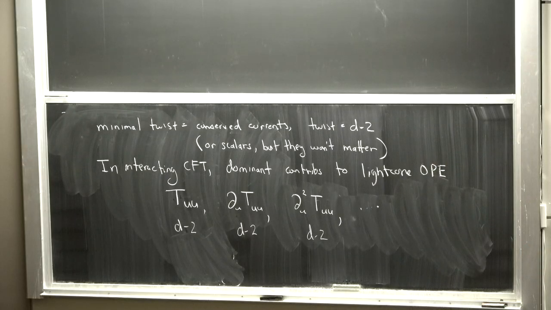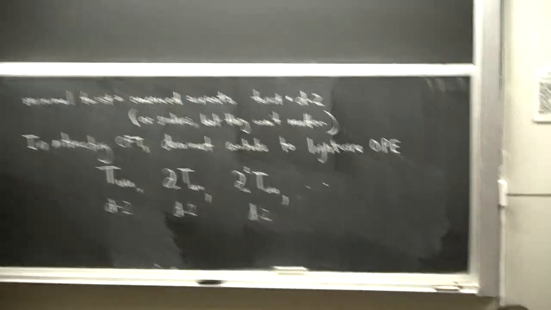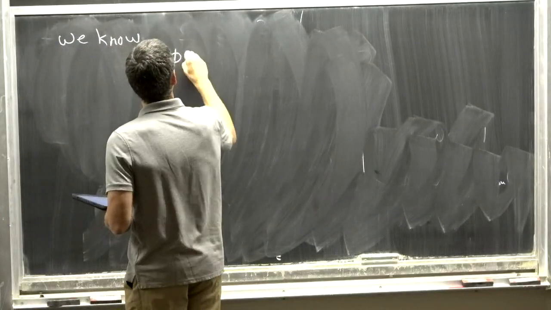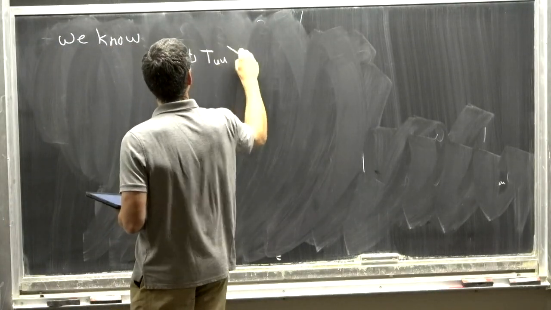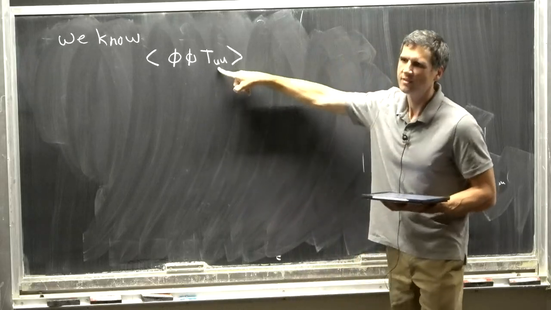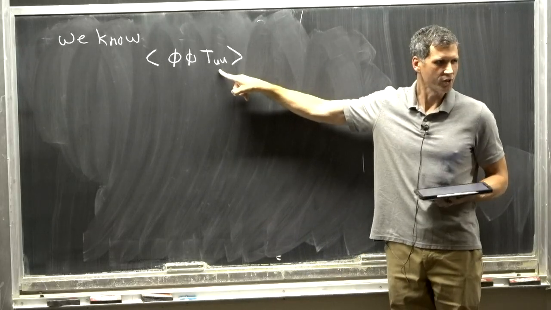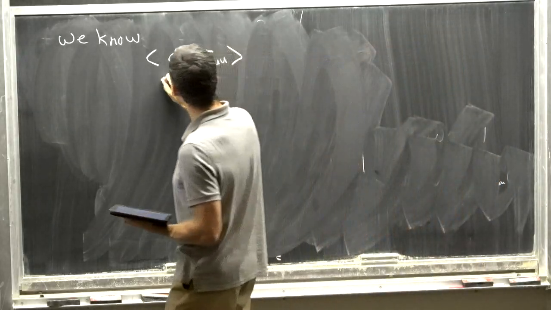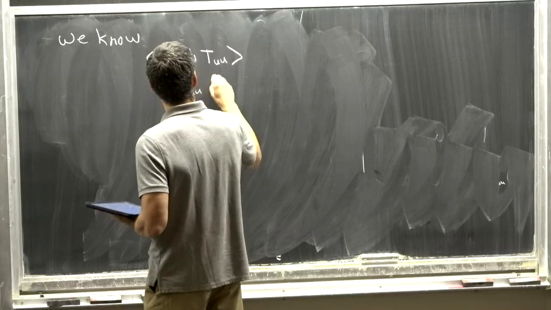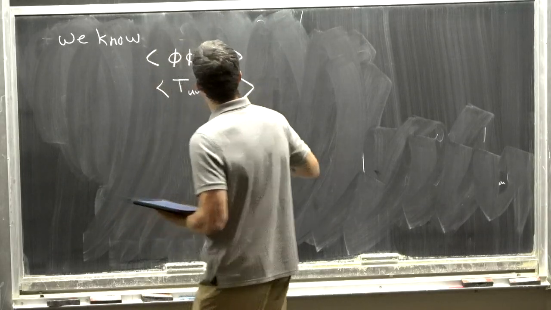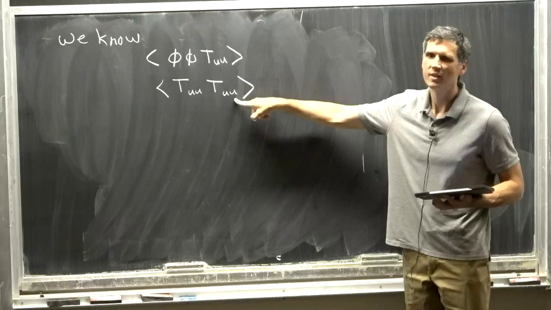We just argued they're dominant, but in fact, you could just calculate the entire contribution of the stress tensor to the OPE. Because we know the phi phi T_uu three-point function, this is some known function. It was probably in David's lecture. And the T_uu two-point function is also a known function.